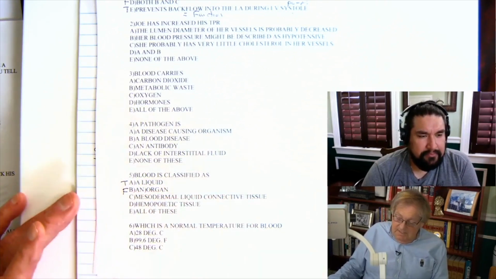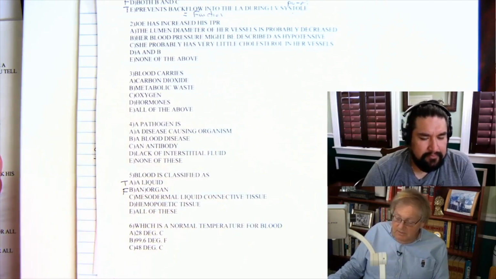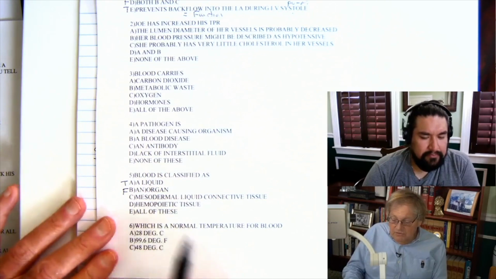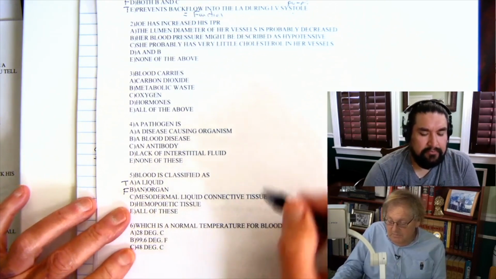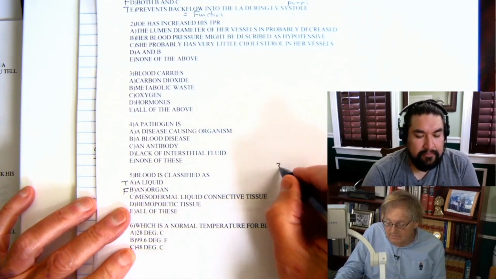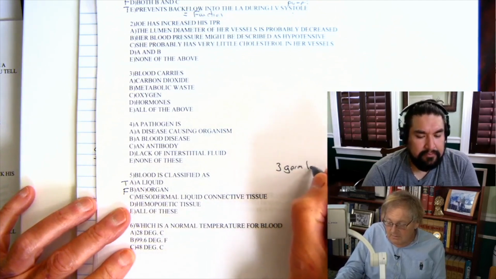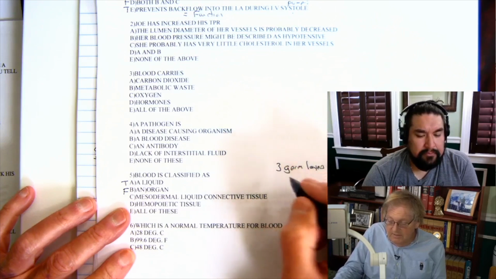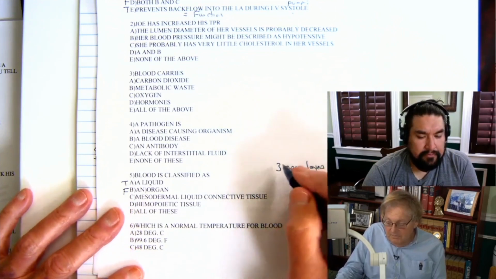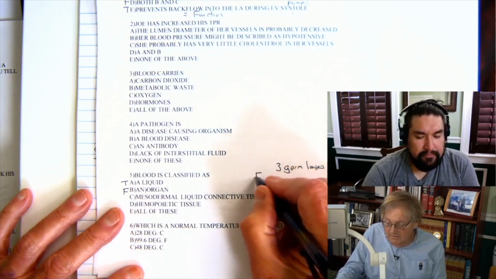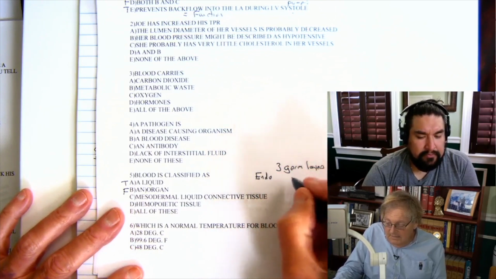But the next thing says it's an organ, and I know it's not an organ, so that's false. The next one says it's a mesodermal liquid connective tissue. Well, let's think about that. Mesoderm is a germ layer. So remember, we have 3 germ layers. And those 3 germ layers are endoderm, ectoderm, and mesoderm. So just remember endo, ecto, meso.